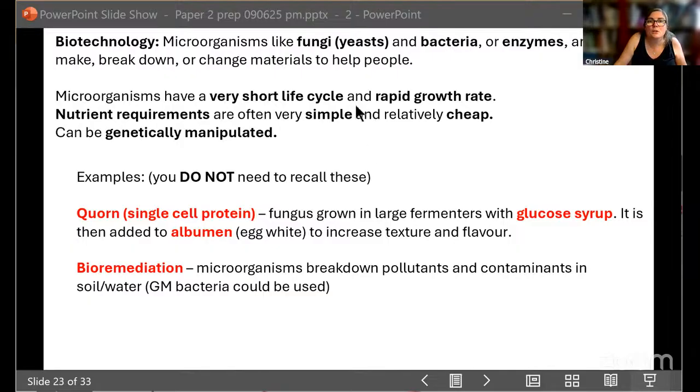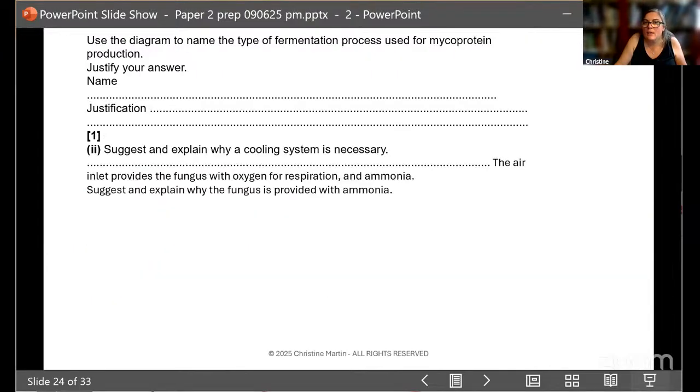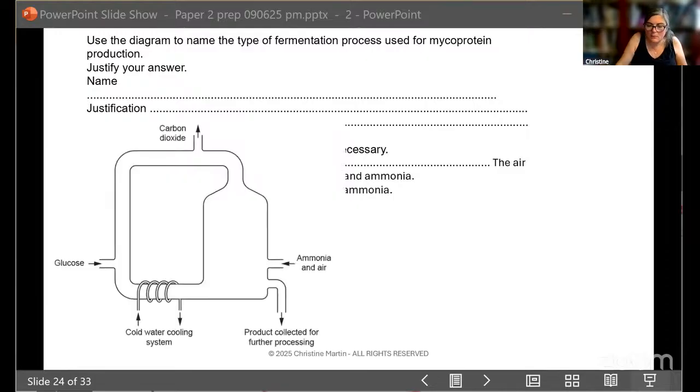There we go. So that was the question that they actually asked in that exam, using the diagram to name the type of fermenter being used for the mycoprotein production. And it was exactly that picture that they used. Hold on, where's it gone? This one was the picture they were referring to.